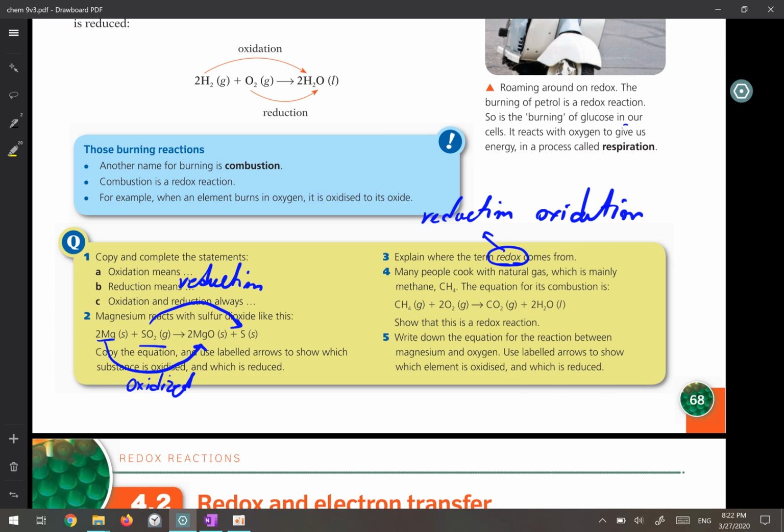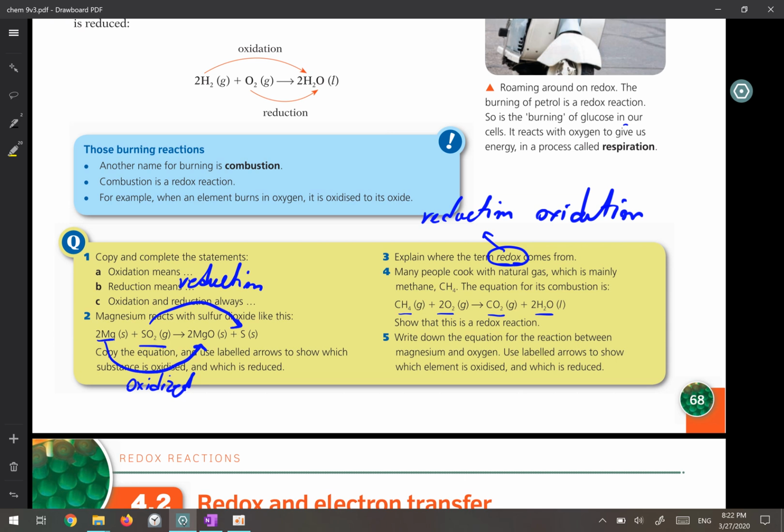Question number 4 says many people cook with the natural gas, which is mainly methane, CH4. The equation for its combustion is, so methane reacts with oxygen. You know what is the product. In previous chapter you have studied about that. Combustion of the hydrocarbon results in carbon dioxide and water if the oxygen is enough.